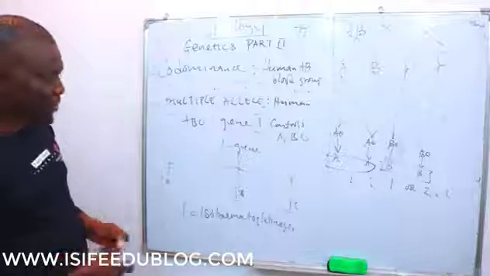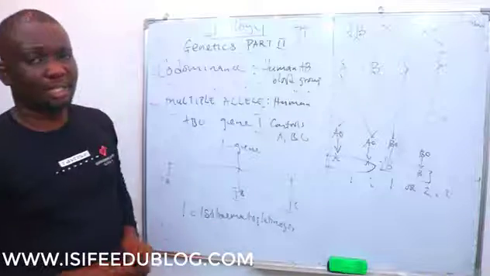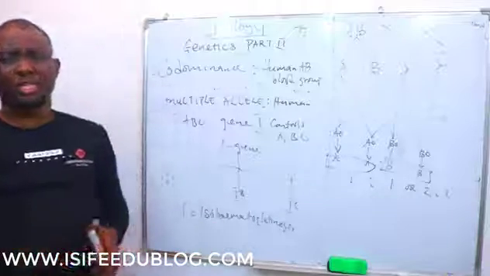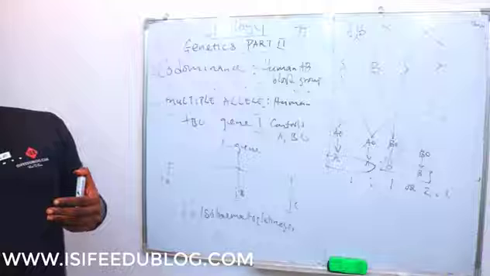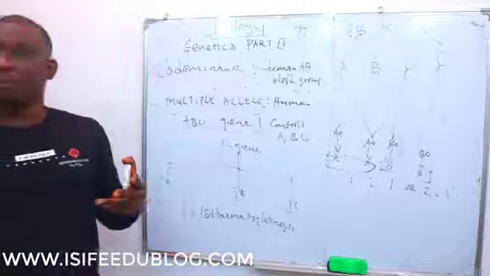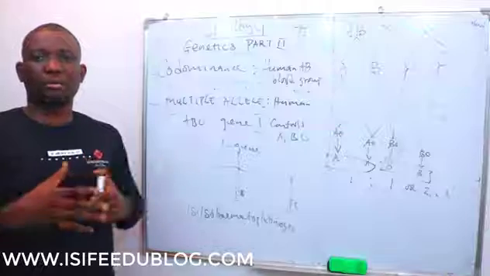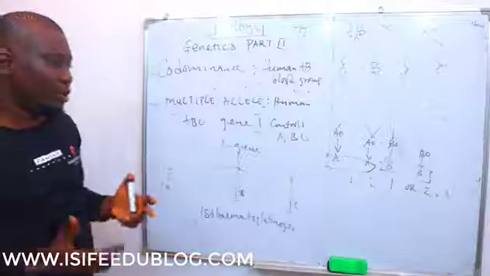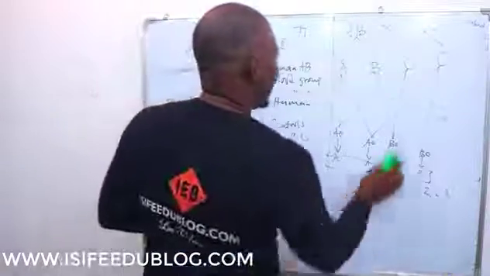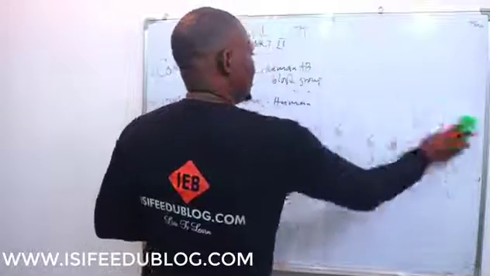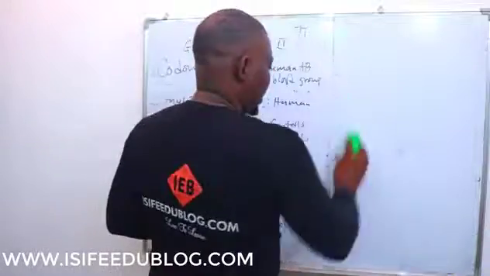And that will take me to the fact that in blood group we may think that we have 4 blood groups, but we have 4 blood group phenotypes, while we have 6 blood group genotypes. 4 blood group phenotypes, 6 blood group genotypes.